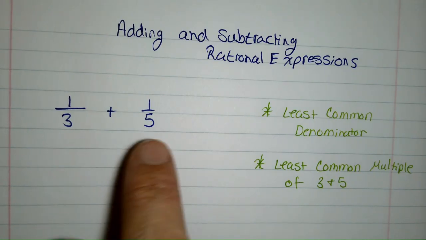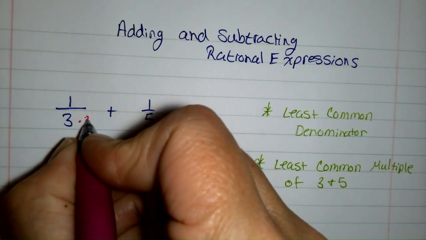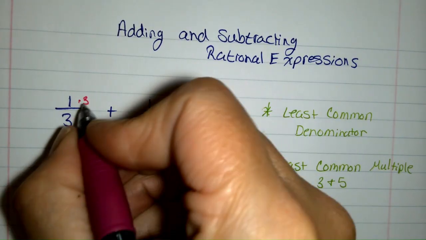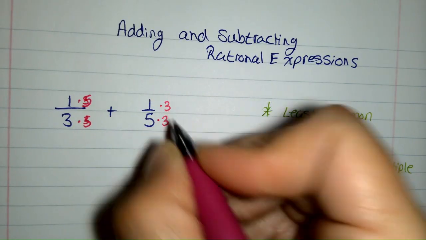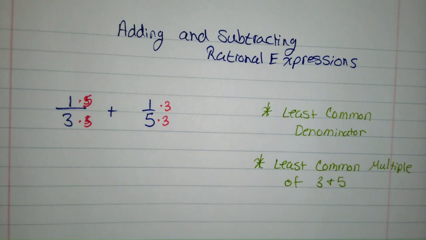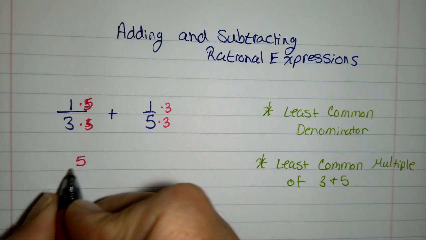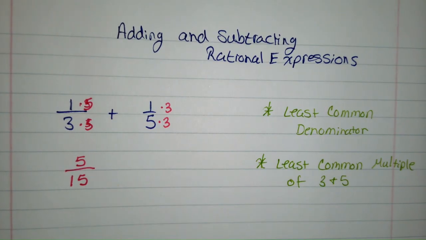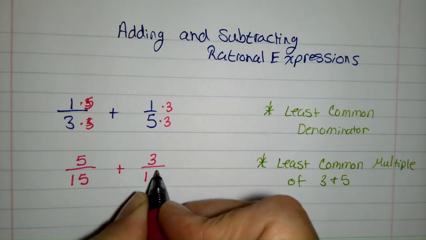Now, because 3 and 5 are prime numbers, many of you are just going to say, well, I'm going to multiply this by 5 and I'm going to multiply this by 3. What we're doing there is we're unreducing each fraction. So 1/3 is equivalent to 5/15, and 1/5 is equivalent to 3/15.